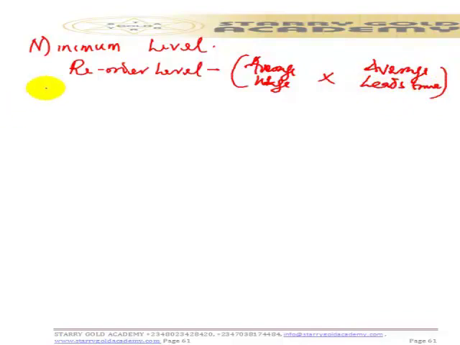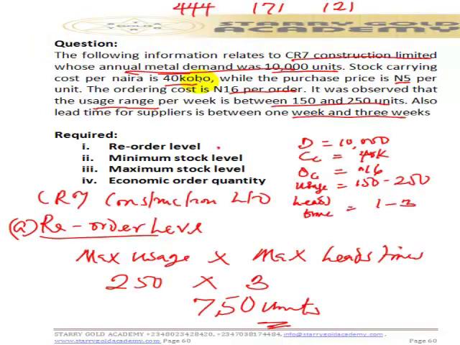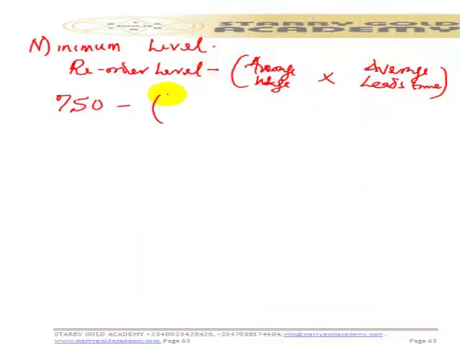Now, based on the question, our reorder level is derived as 750 minus our average usage, which is the maximum and minimum usage, 150 plus 250 divided by 2, times average lead time, 1 week plus 3 weeks divided by 2.